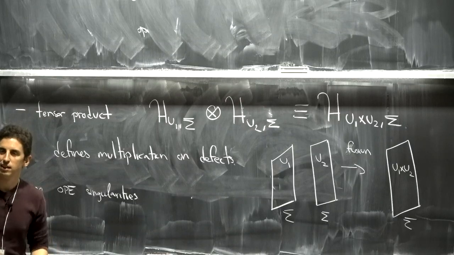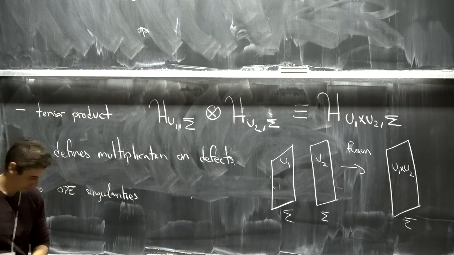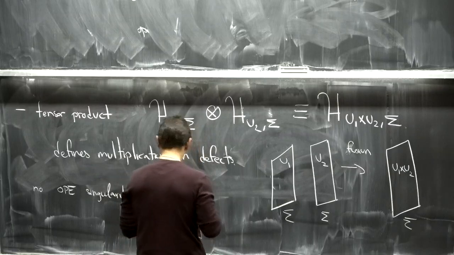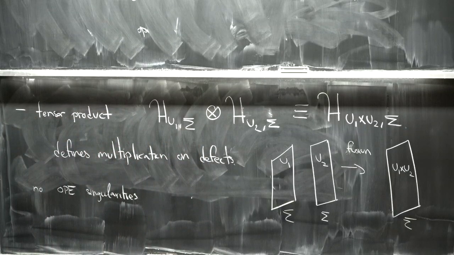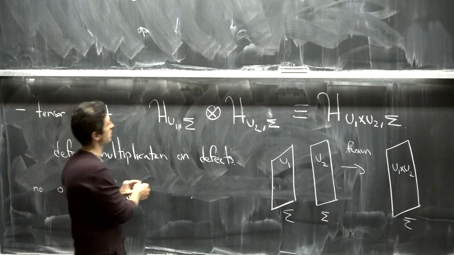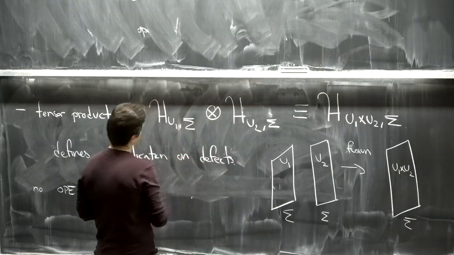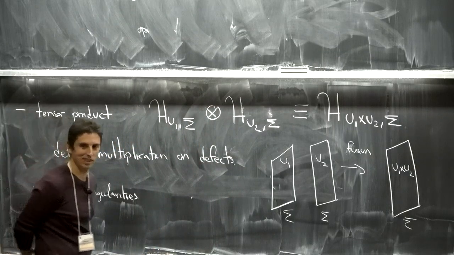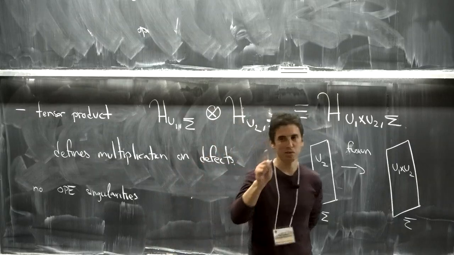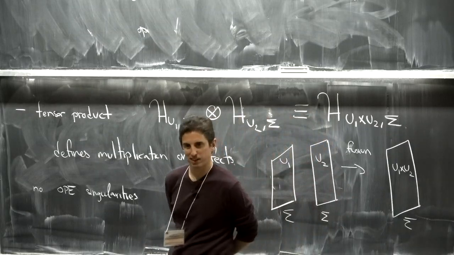Yeah, but normally in the tensor product, it doesn't matter if the order is U1 and U2. Okay. Yes, it is true that I am cheating a little bit. This is actually a very good question. Maybe come ask me about it in detail afterwards, because it will derail us a little.